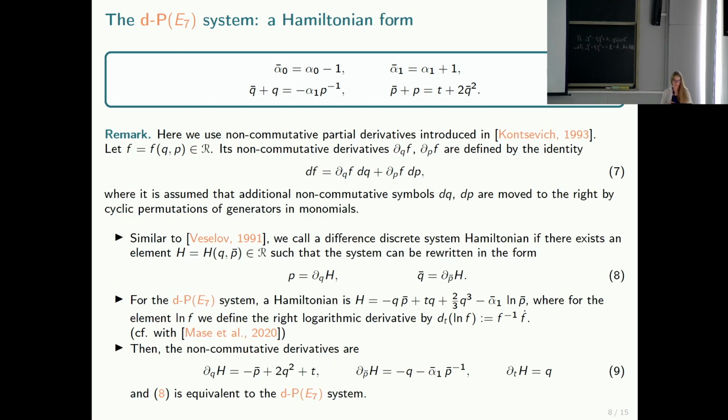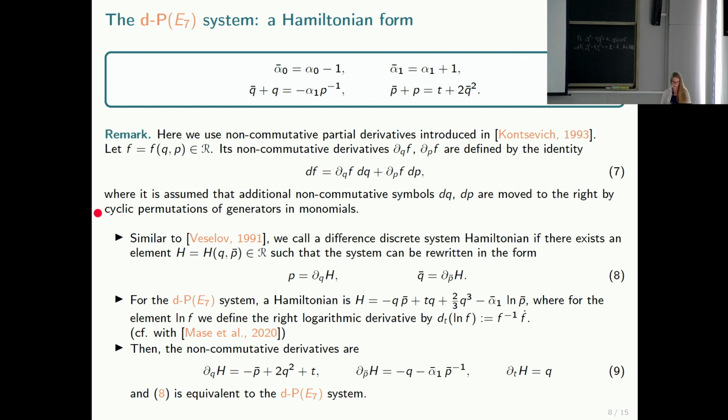One more question is about the Hamiltonian form. It turns out that we can present the Hamiltonian form for this discrete system. But in order to do it, we need to use non-commutative partial derivatives introduced in the paper by Kontsevich.